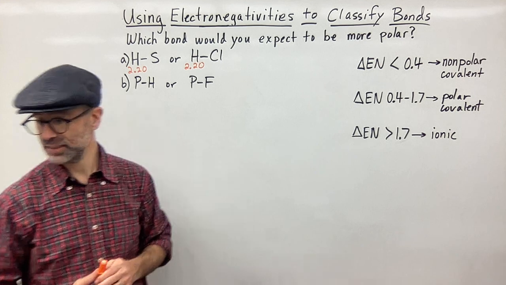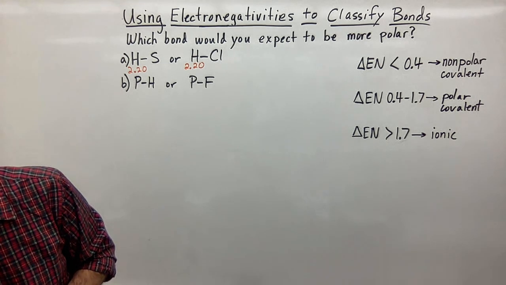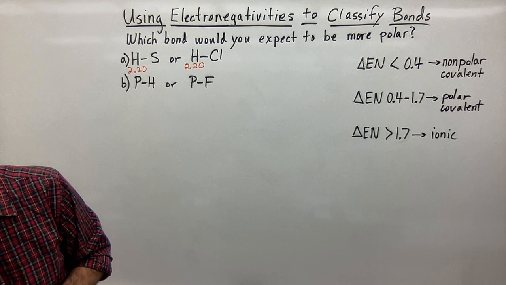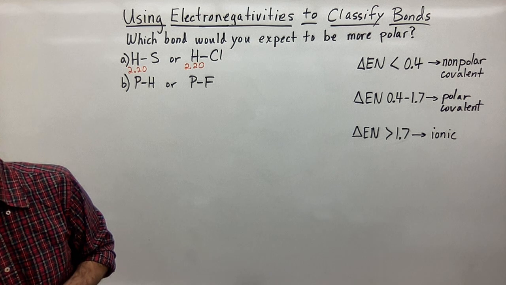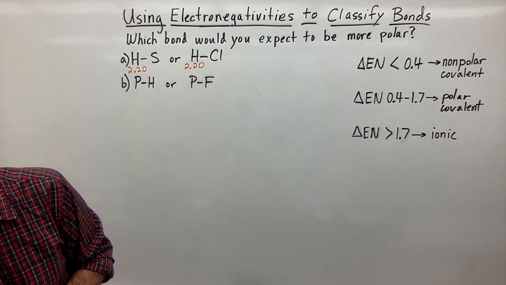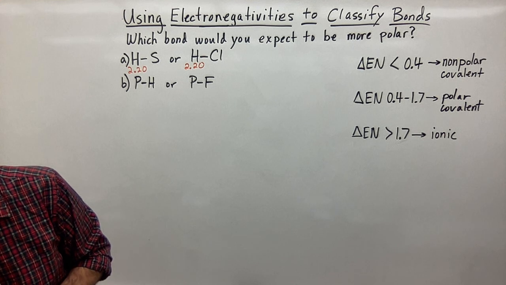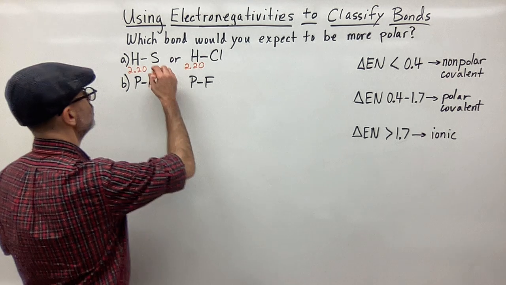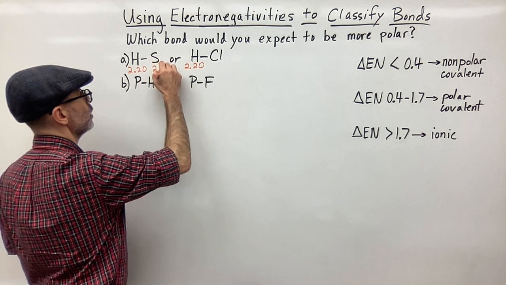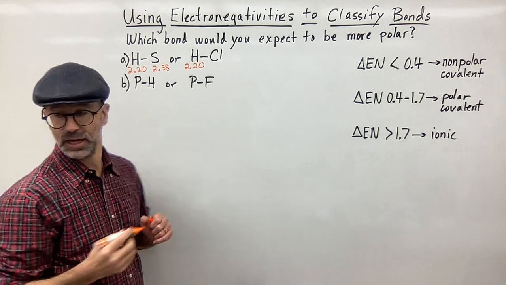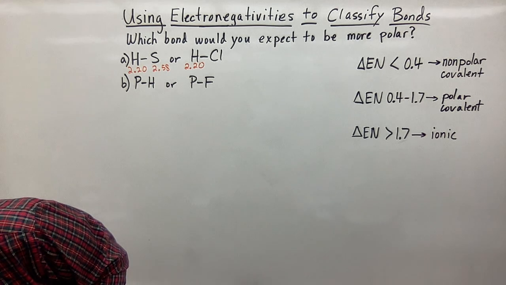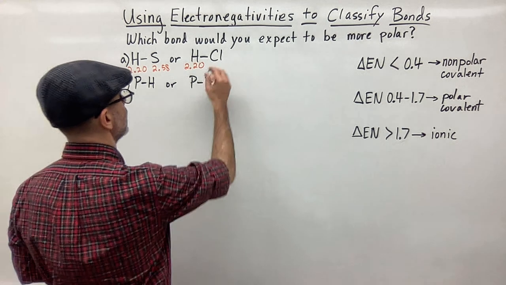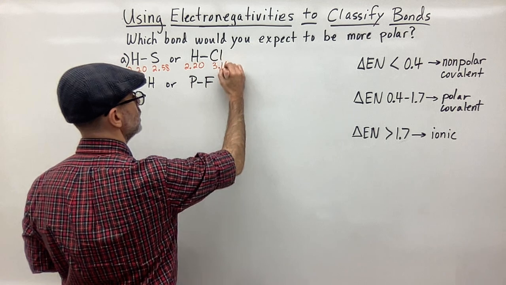If we look up the electronegativities, sulfur has an electronegativity of 2.58, and for the chlorine, we have 3.16.